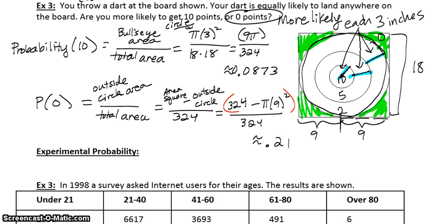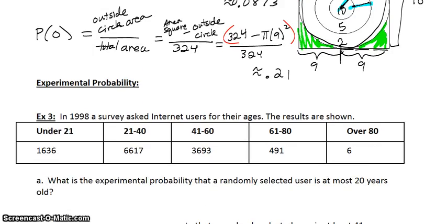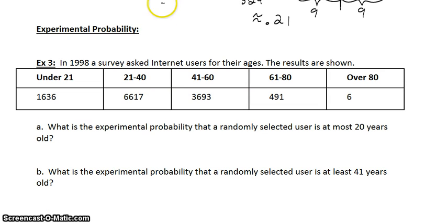So again, please write down questions you might have and we can talk about them when we get back to class. We've got one more thing to do today, and it is experimental probability. Experimental probability is probability based on survey results or experiment results.